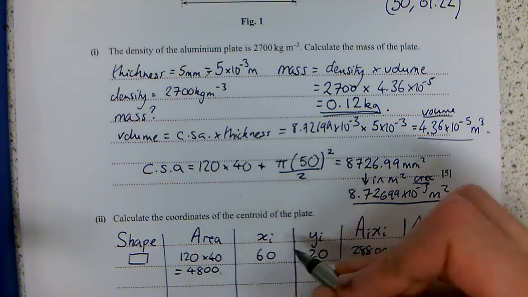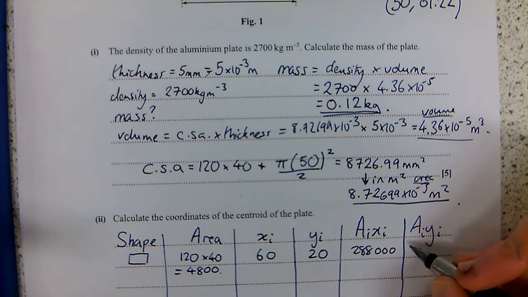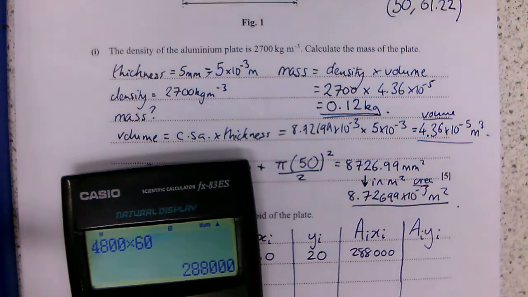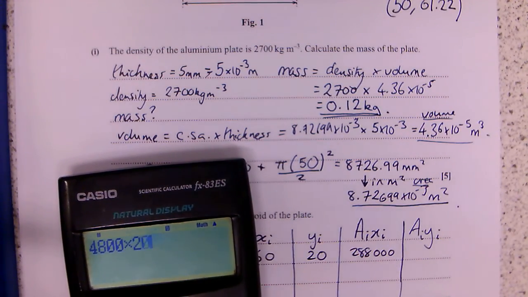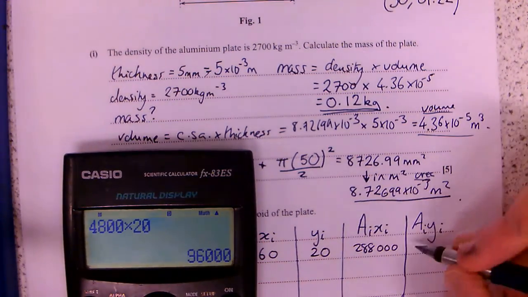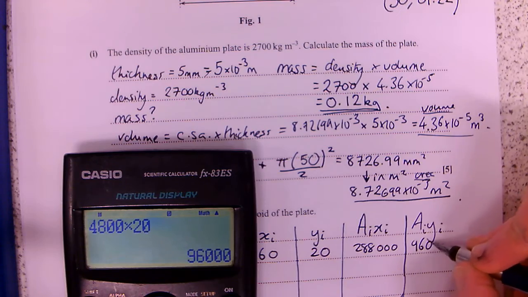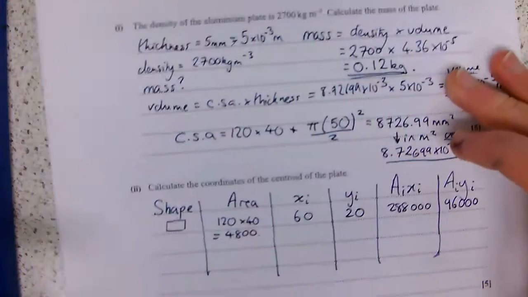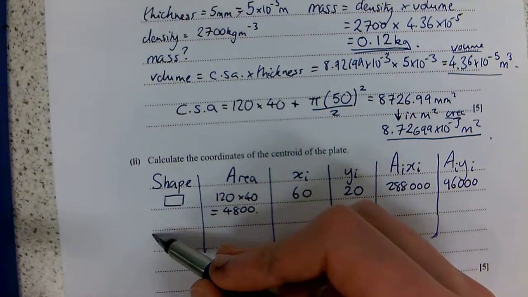So our area is 4,800. We're timesing by 20. So that is 96,000. Then we've done our first shape.